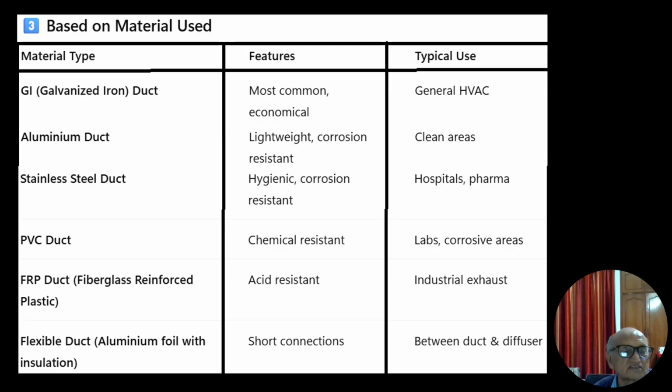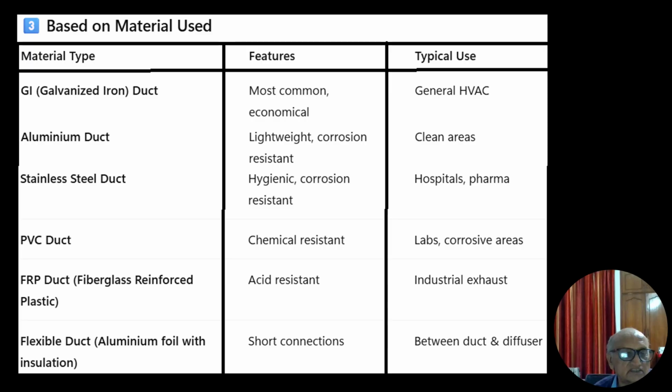Second category is aluminum duct. It is lightweight, corrosion resistant, and used in clean areas. Stainless steel ducts are hygienic, corrosion resistant, and used in hospitals and pharma industry.